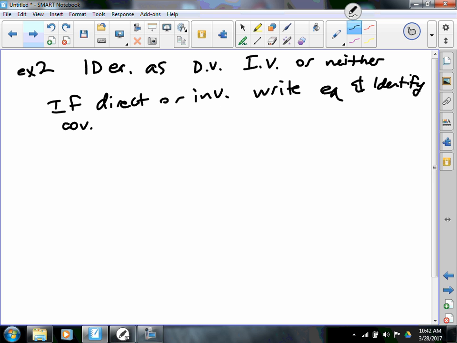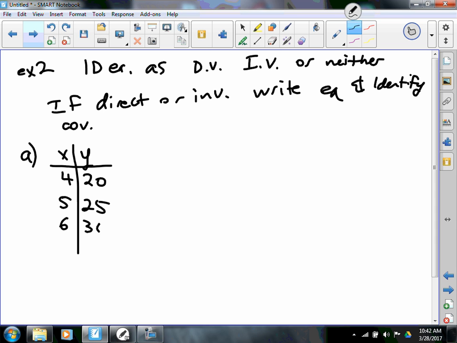So the same thing, but instead of giving you an equation this time, I'm going to give you the table of values. So here's x, here's y. We got the number 4, and then that number, and then 5, and then that number, and then 6, and that number, and then 7, and this number.